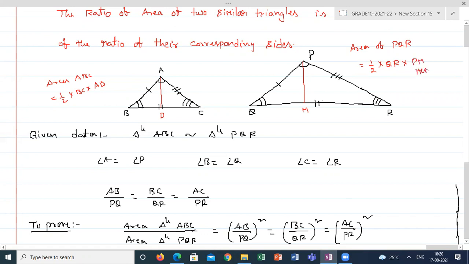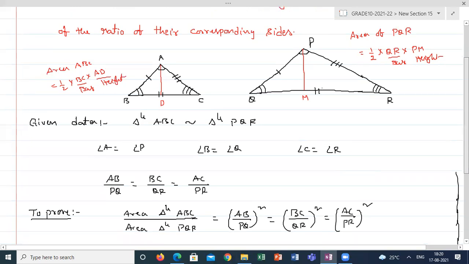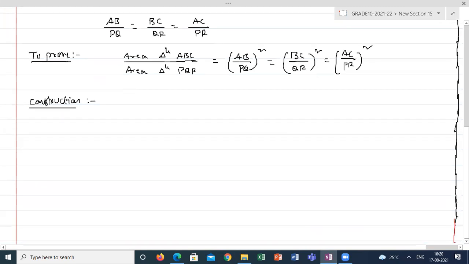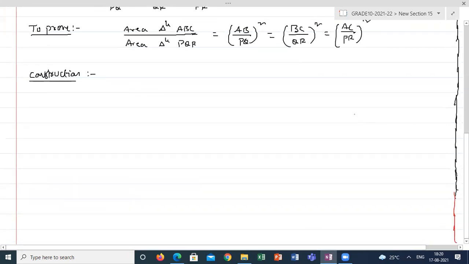This is the height of the PQR. This is the base. Corresponding height is PM. So here this is the base and this is the height. Is this clear, guys? How I am calculating the area of the triangles? Students, Sanyu, Harita, is it clear what I am doing?